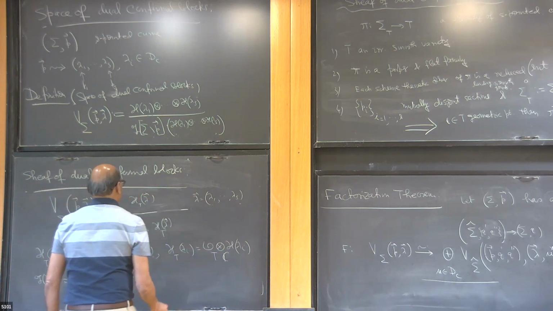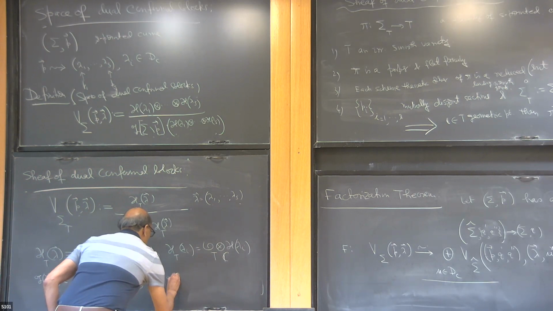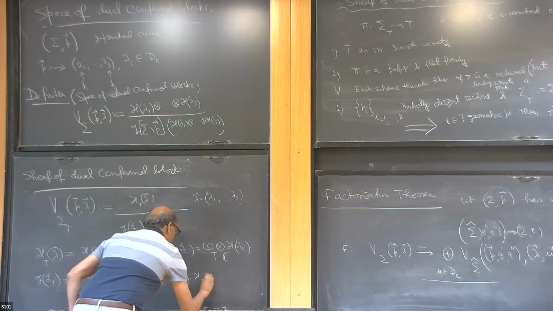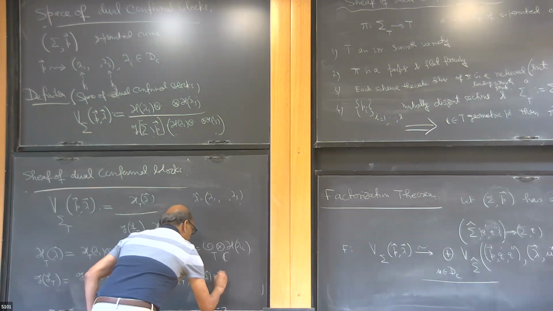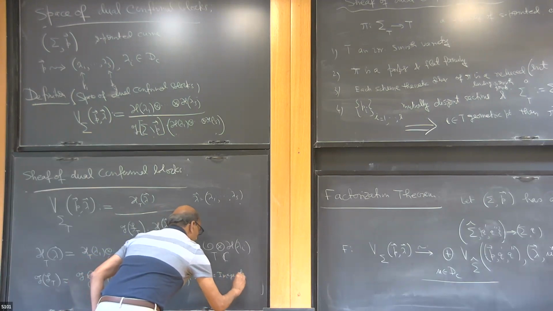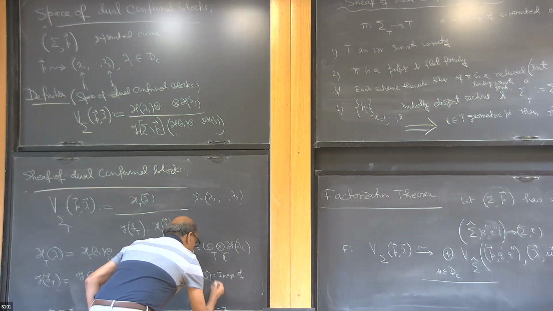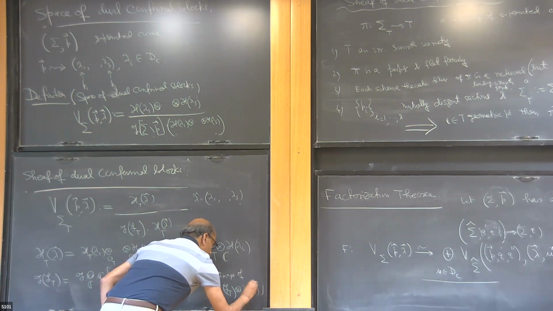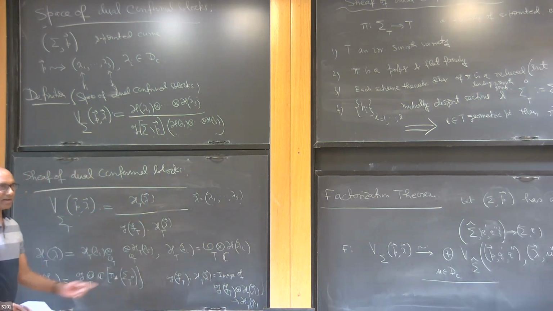So here I should just say that GFT dot HT lambda is nothing but the image of GFT tensored with HT lambda to HT. Just take the action there.